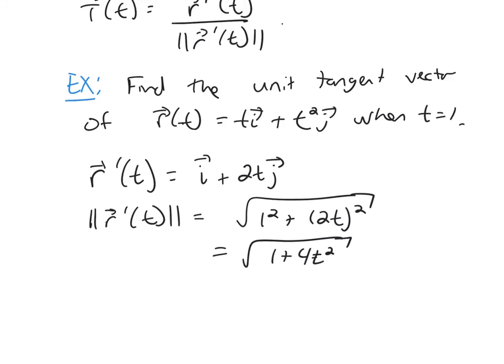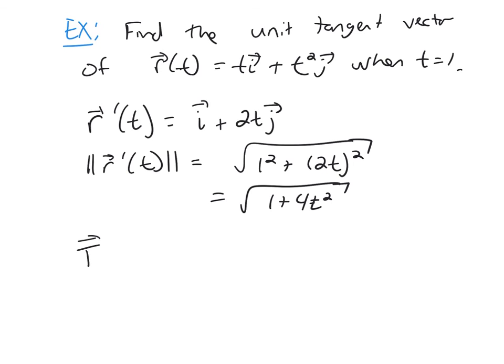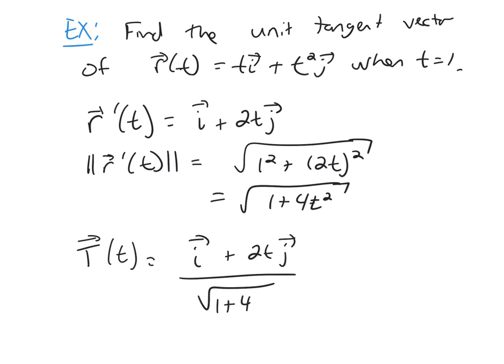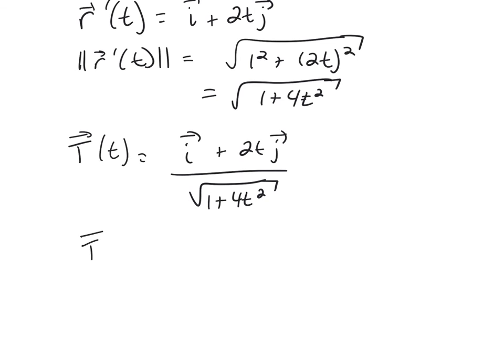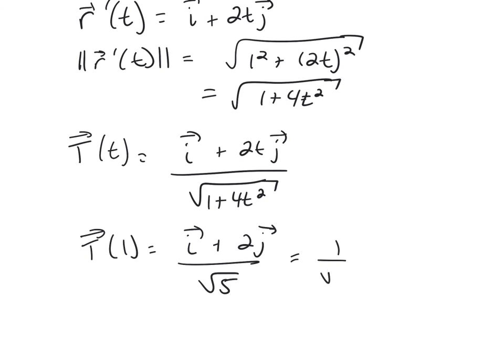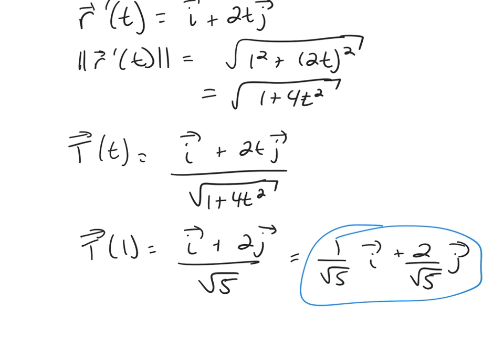And so then your unit tangent vector T will be r prime over the magnitude. But we wanted to find this when t was 1. So plug in t equals 1. You'll get i plus 2j over the square root of 5. So this is 1 over the square root of 5 i plus 2 over the square root of 5 j. And there's our unit tangent vector.